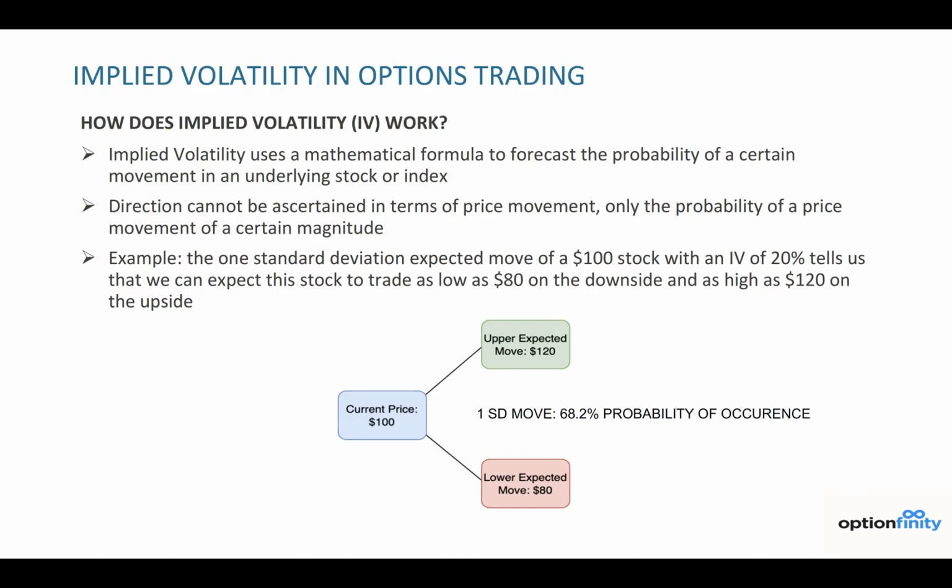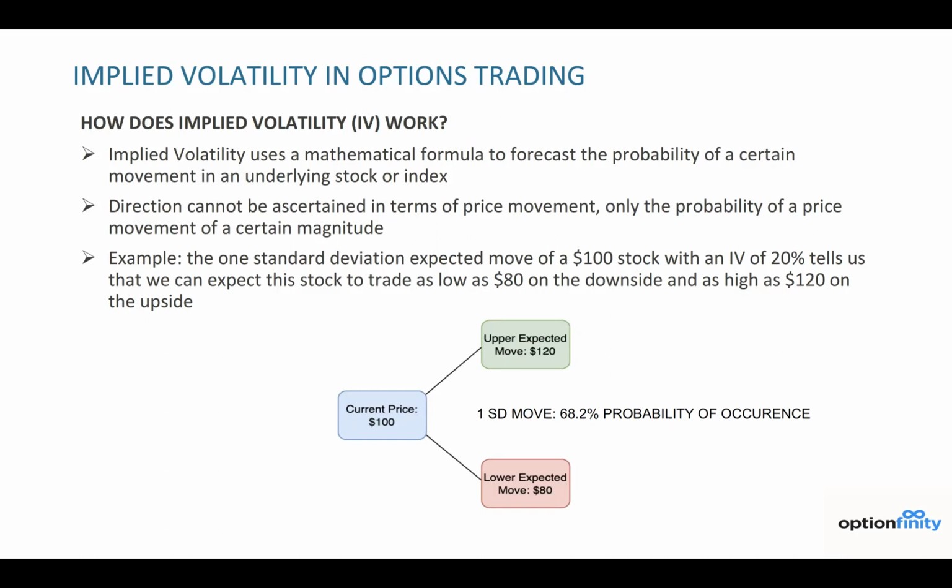So for example, a stock that's $100 with an implied volatility of 20%. This tells us that 1 year from now, the market is expecting this stock to trade as low as $80 or as high as $120 per share, right? And this certainty we have is due to statistics, right?